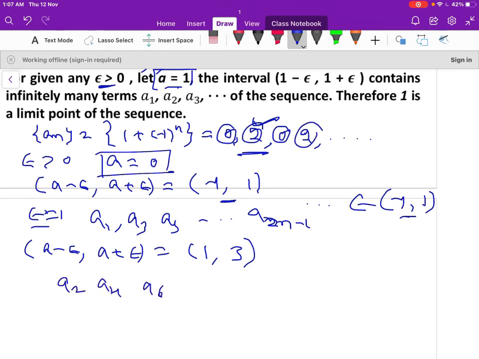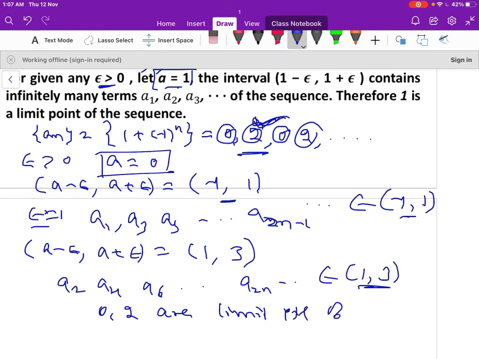Therefore a2, a4, a6 and so on, a_2n and so on, belong to the interval 1 comma 3. Therefore there are an infinite number of terms inside the interval 1 comma 3. Therefore 2 is a limit point of the sequence. So 0 comma 2 are the limit points of the given sequence. Let me check whether another point is a limit point or not.